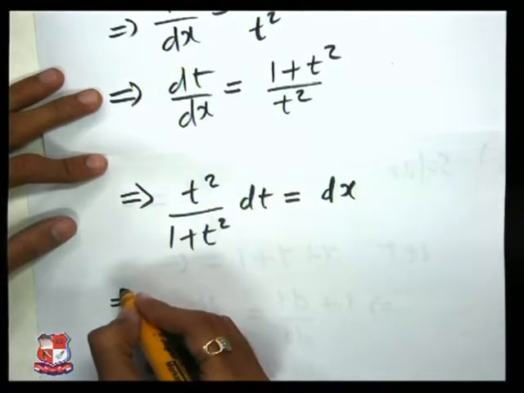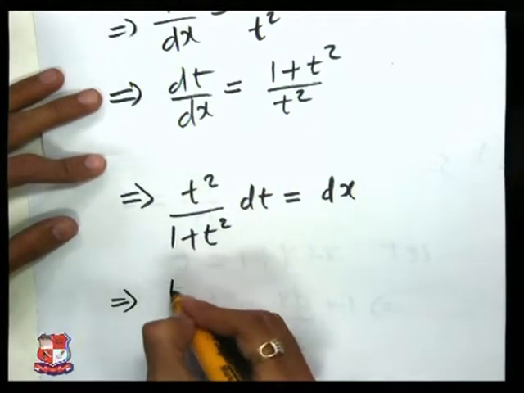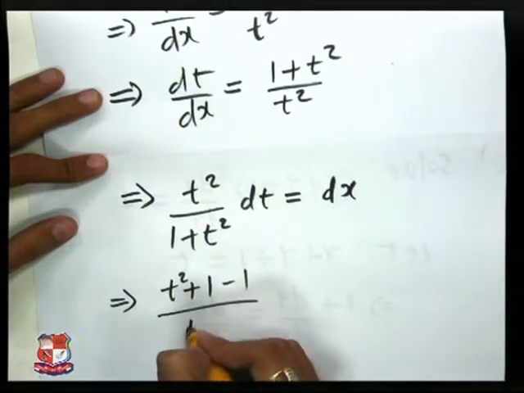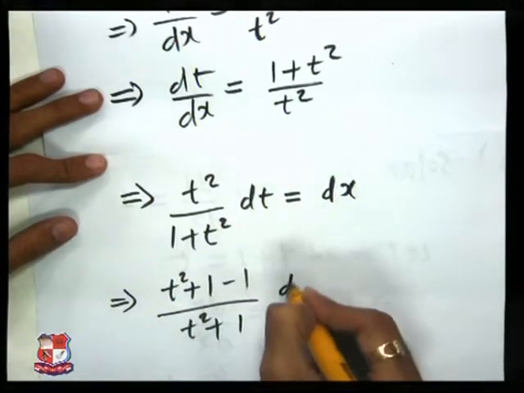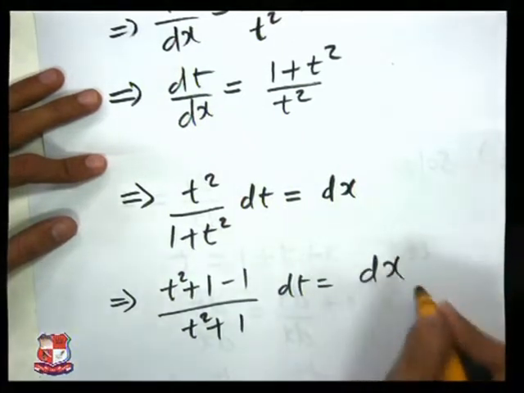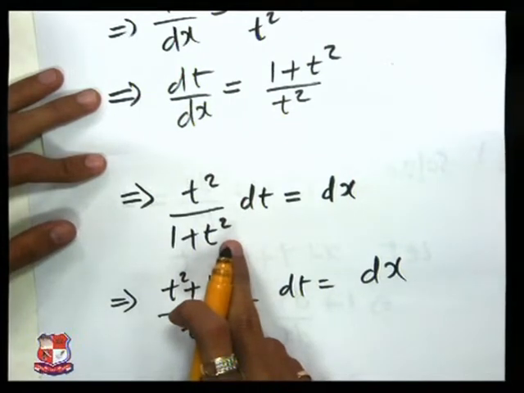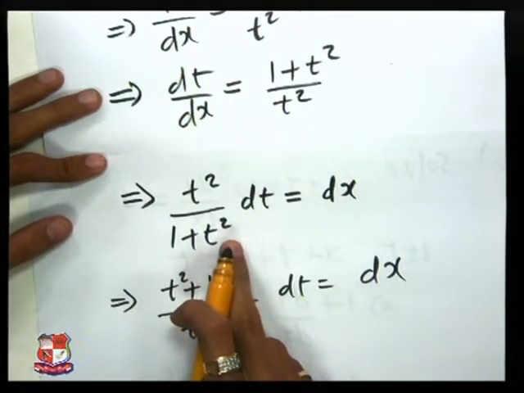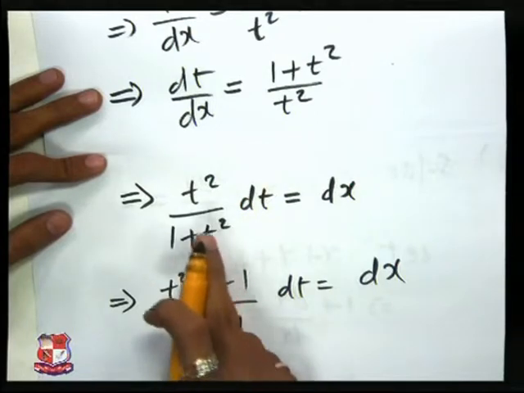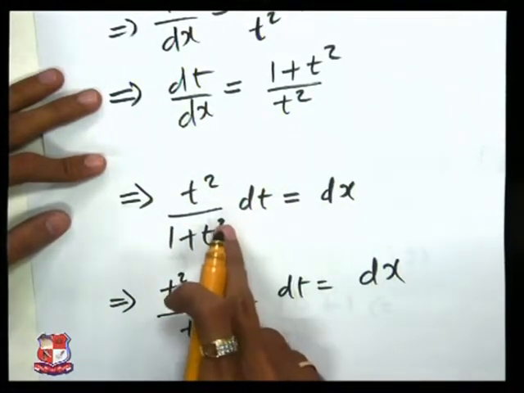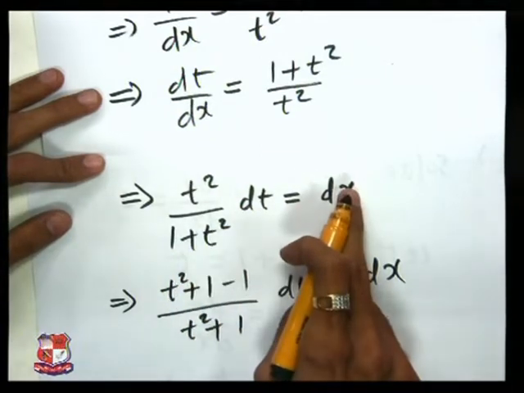So we can write here t square plus 1 minus 1 upon t square plus 1 into dt is equal to dx. Here we know that if we want to solve this differential equation by the variable separable method, then we need to integrate this side with respect to t and this side with respect to x.